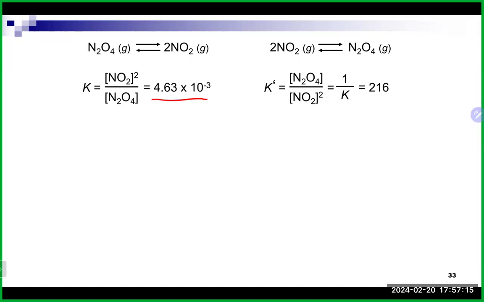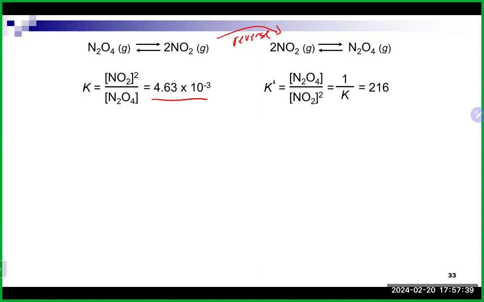So as we go from here to here, we did a little reverse of the reaction. And what that does for the equilibrium constant is our reactants become our products become our reactants. So we actually will take 1 over the equilibrium constant value.